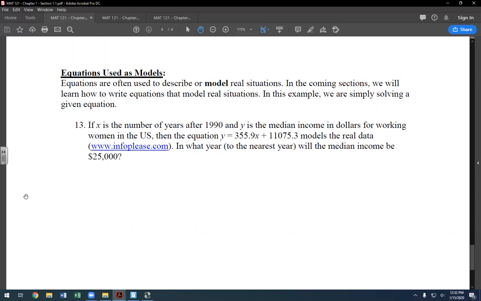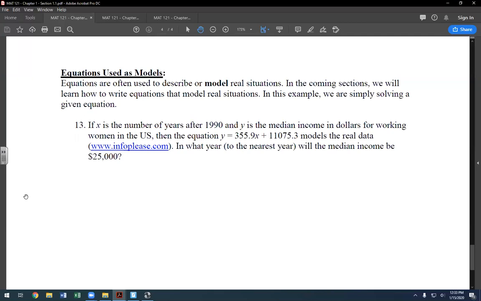We are saying that if X represents the number of years since 1990, and Y is the median income in dollars for working women in the US, then using this equation, which models the data, they want to know in what year will the median income for the women be $25,000. So we're basically using this model to make a prediction of when the median income will be 25K.